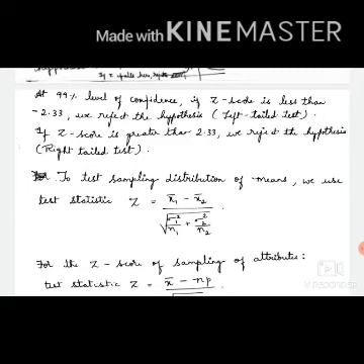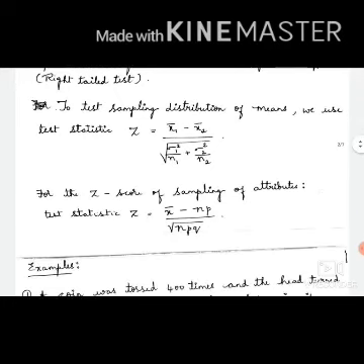Here x1 bar and x2 bar are the sample means of the two samples picked up from two different populations or from the same population, sigma 1 and sigma 2 are the standard deviations of the two populations, and n1 and n2 are the sample sizes. For the Z score of sampling distribution of attributes or sampling of proportions, the Z statistic is given by x bar minus np by root npq.